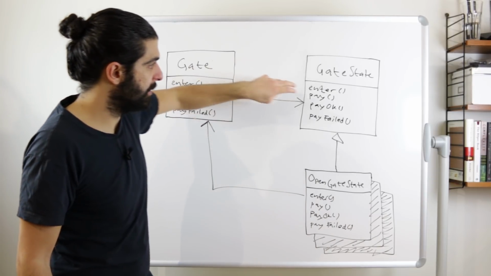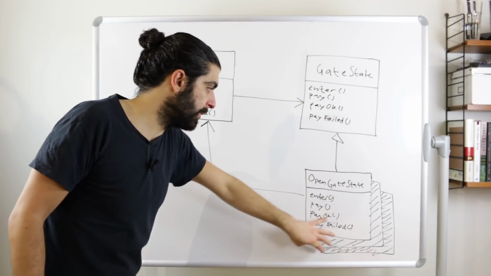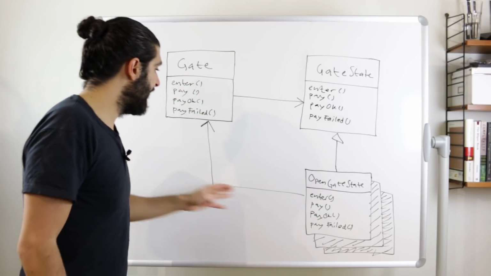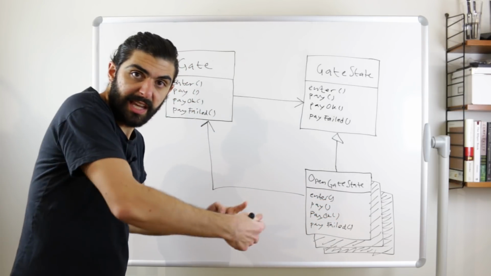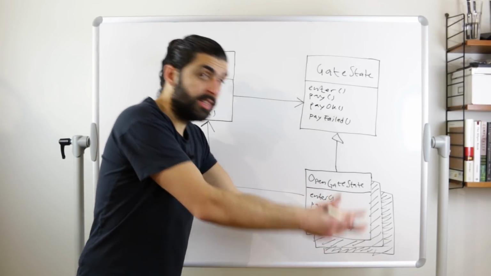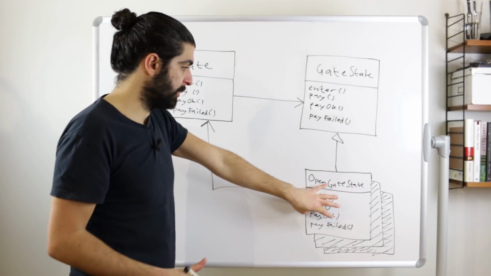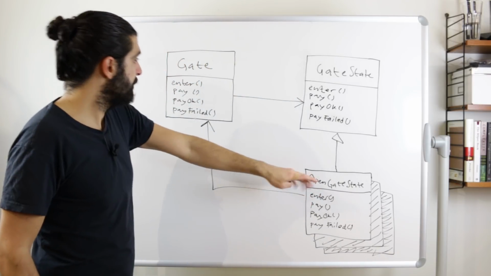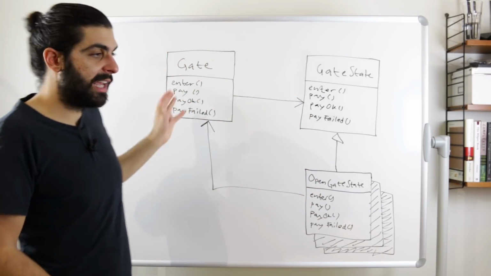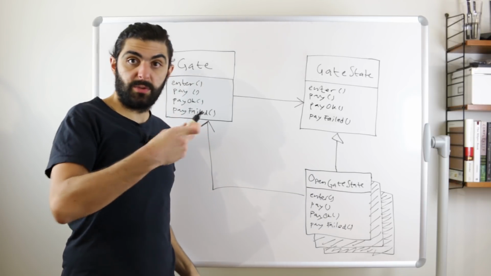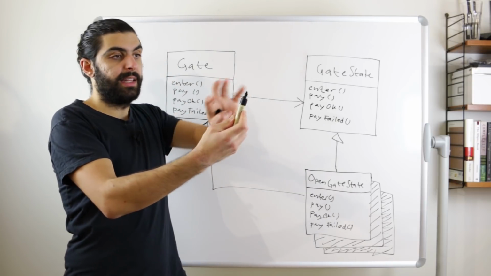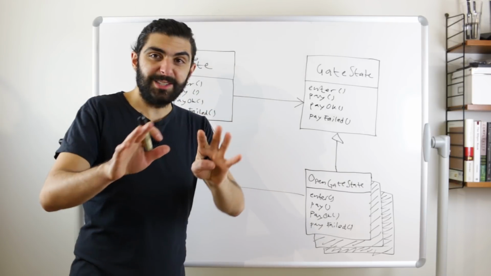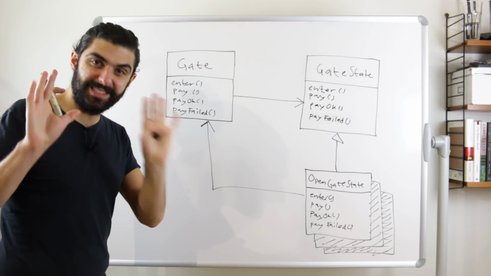So it delegates down to a gate state which happens to be one of these concrete gate states, and instead of that gate state talking to the gate and telling the gate to change its state, it could simply return a new state, right? It would say, well, if you are in this state, you would now be in this state, and then it returns that state which comes back to the gate, and then the gate maybe says, aha, okay, so that's the new state that I should be in, and then it wraps that in a new gate and returns that new gate. But that's if you want to avoid mutation, and we will skip that discussion now.